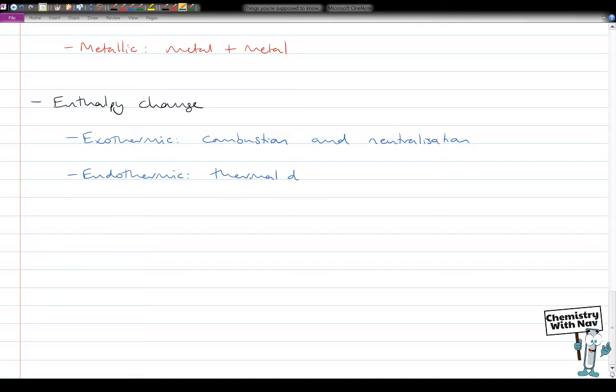Thermal decomposition is one, and that's, for example, calcium carbonate going to calcium oxide and carbon dioxide, which is normally something done at GCSE, but that requires a lot of heat, and if it requires a lot of heat input, then that is an endothermic reaction. And another example would be photosynthesis.